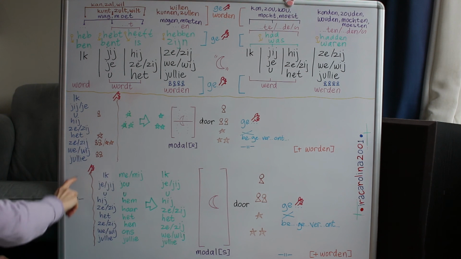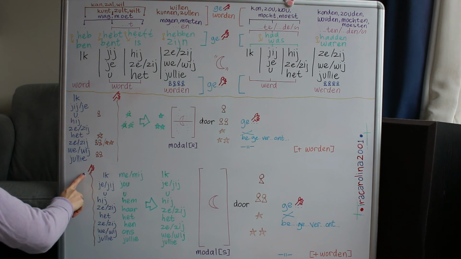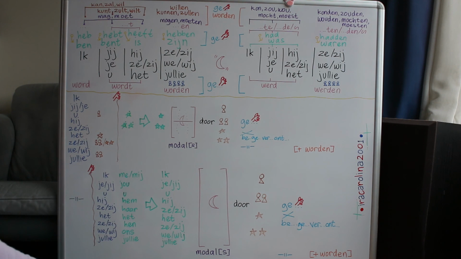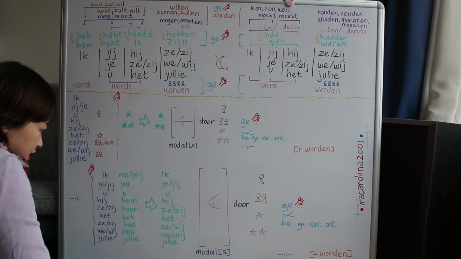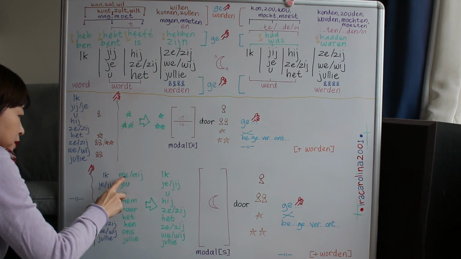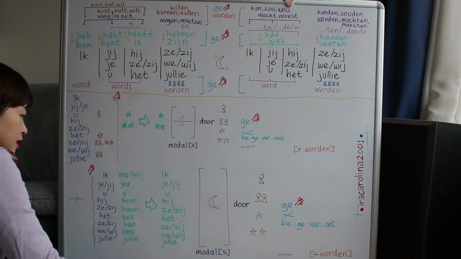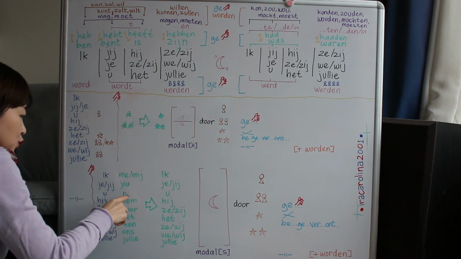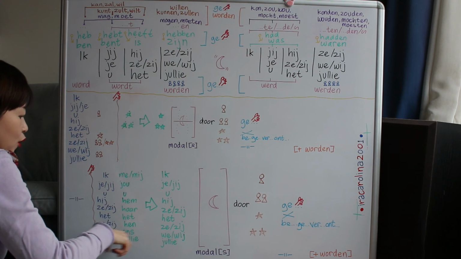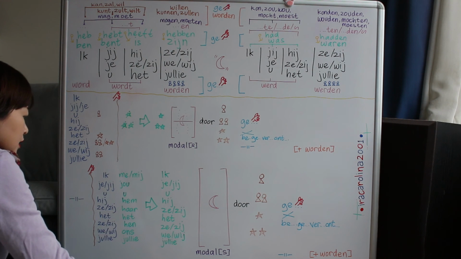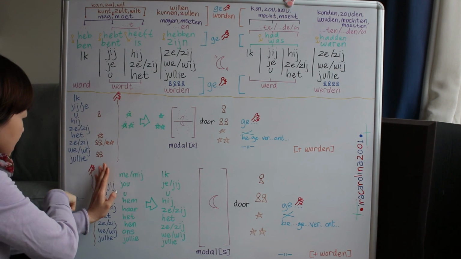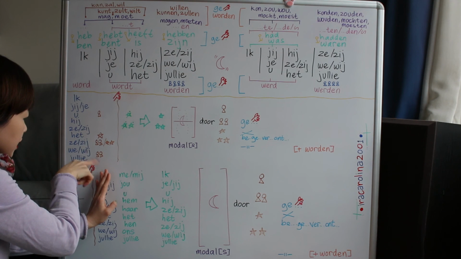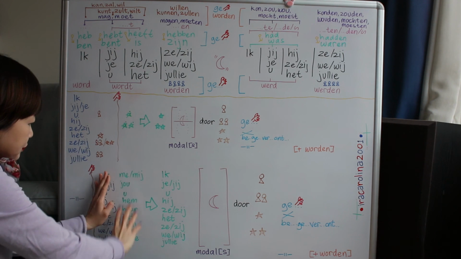Then this is the verb. After the verb is the object. In this case, the object is me or my for ik, jou, u, hem, haar, het, hen, ons, jullie. So the same subject comes here, and then verb, and the object here.